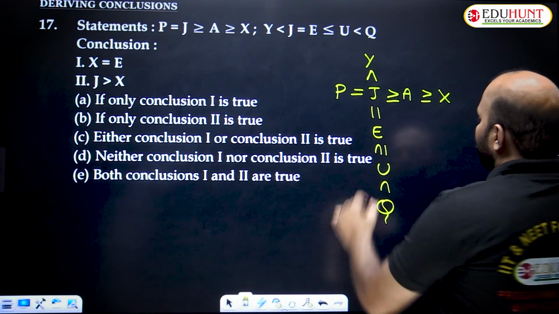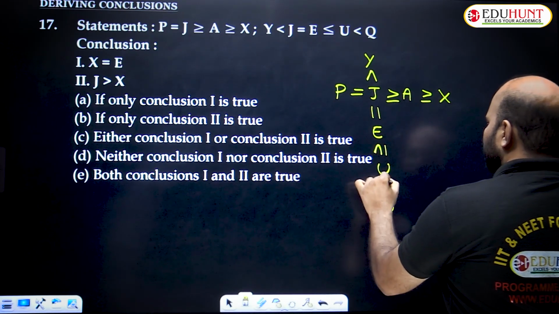Am I clear? This is less than or equal to, this is less than.